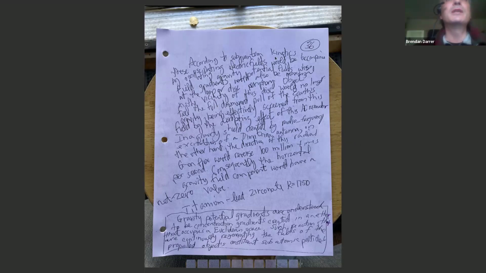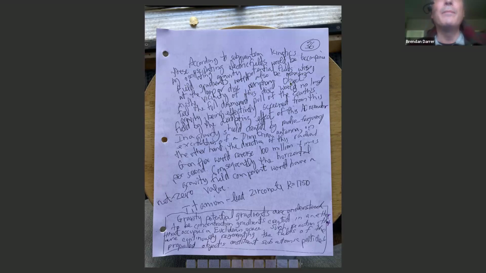According to subquantum kinetics, these oscillating electric fields would be accompanied by oscillating gravity potential fields, whose gradients would also be maximal at the disk periphery.